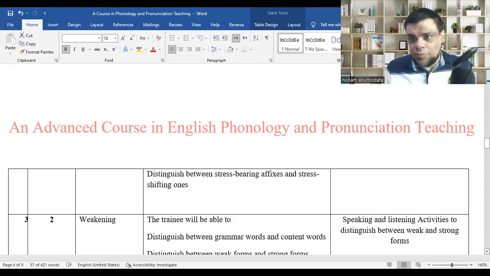For example, the word sentence. If I put it on the second syllable and say sentence, actually here this is a mistake. Okay? It's not acceptable. So in each word, there is a fixed place for the stress.